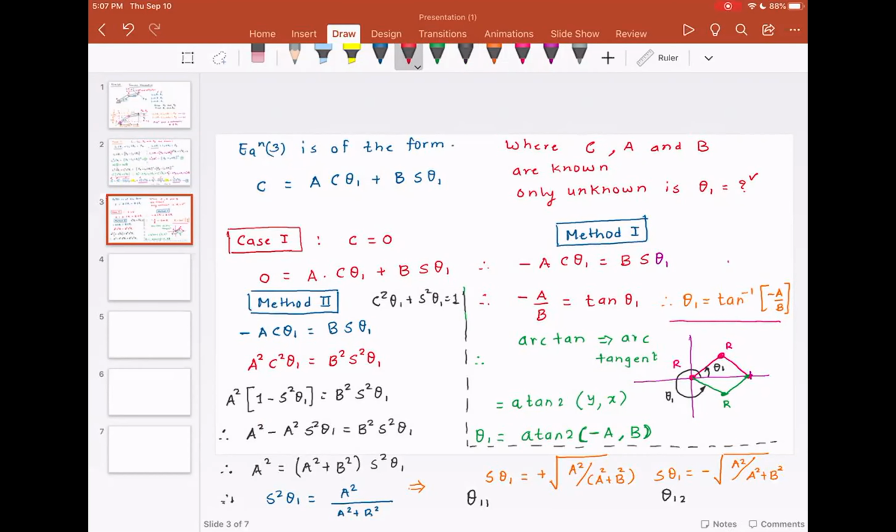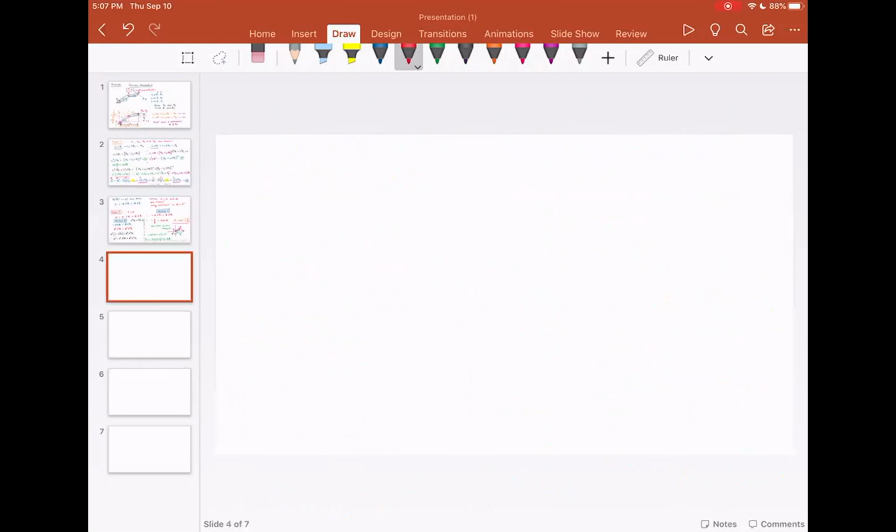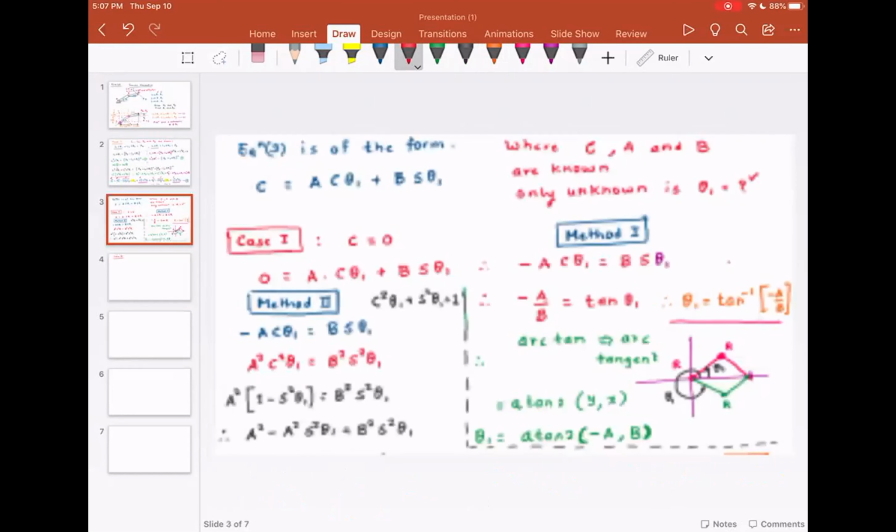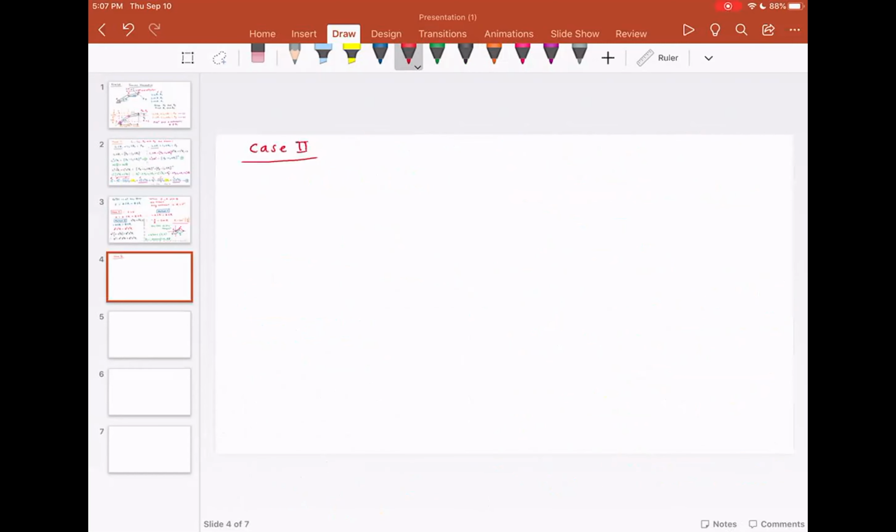Now, next thing is case 2. Case 2 is very important. In case 2, let's go with the same equation, C is equal to A cosine theta 1 plus B sine theta 1.